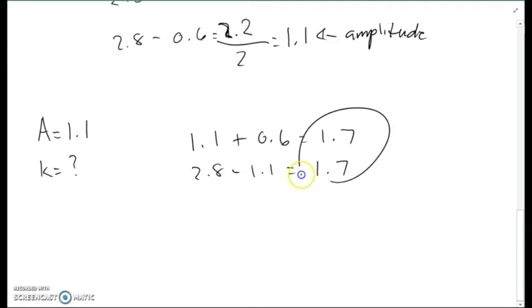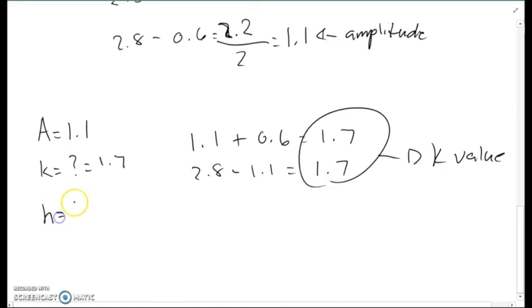Now they're both equal, so this is your K value, 1.7. Now we have to find the H value, which was actually given to us, which is 2 seconds.